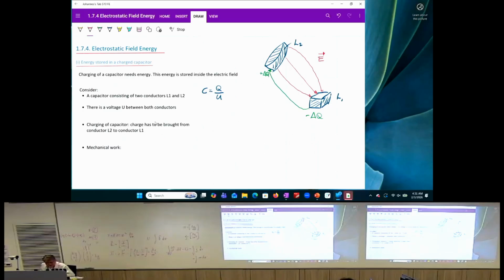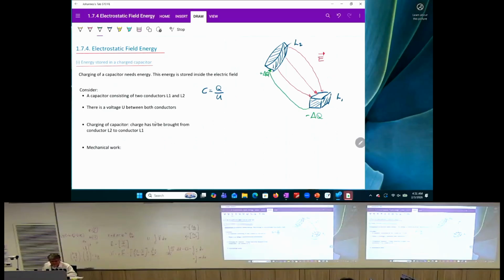So you place it in conductor L2, and then you take a further charge from conductor L1. But now, because you have already shifted one more charge, the electric field grows even stronger, and it takes you more work to overcome this electric field.